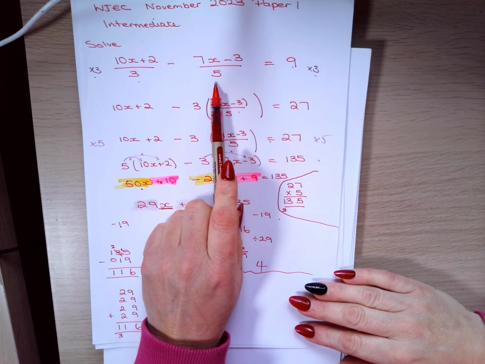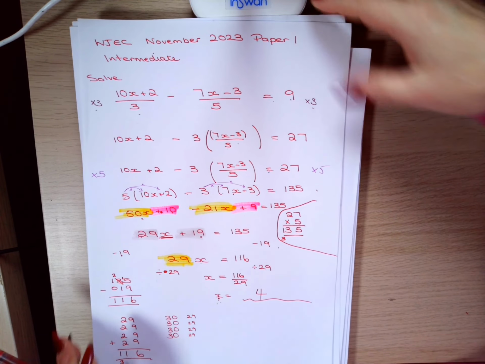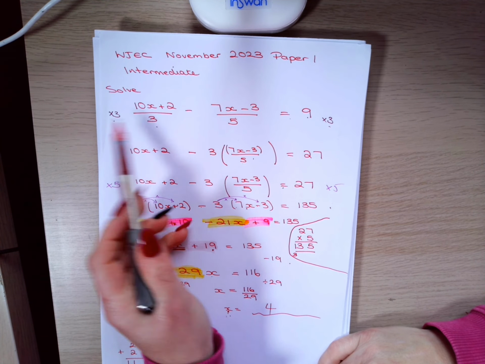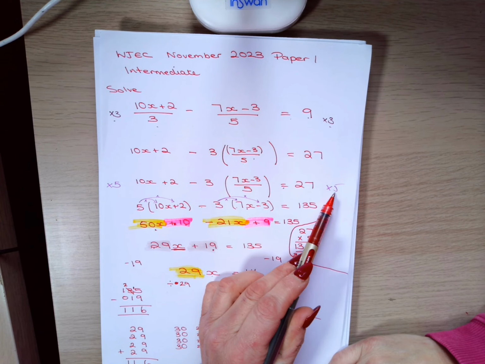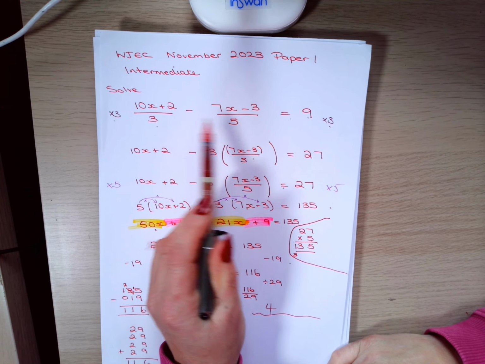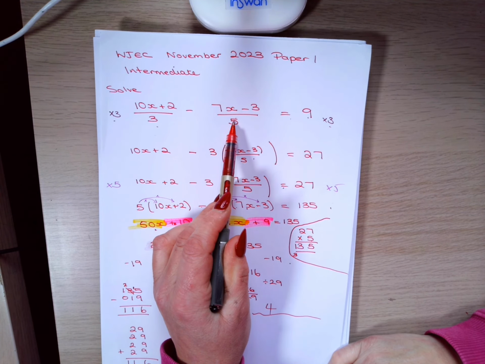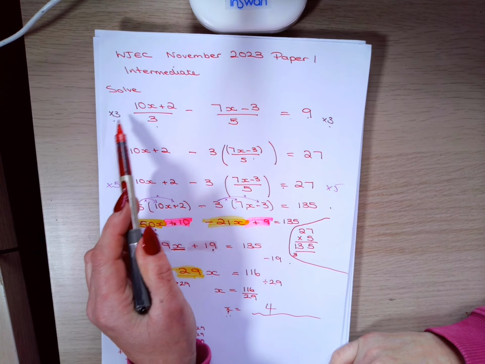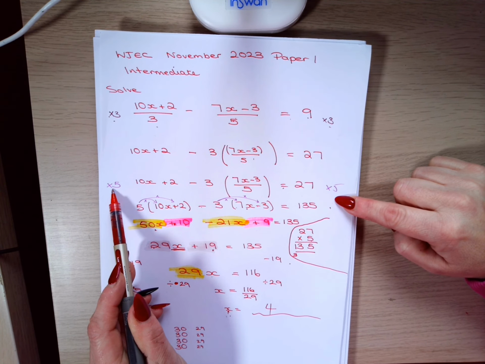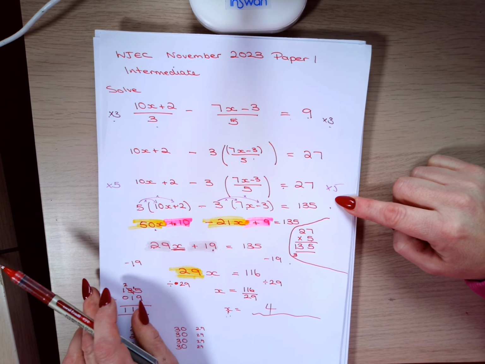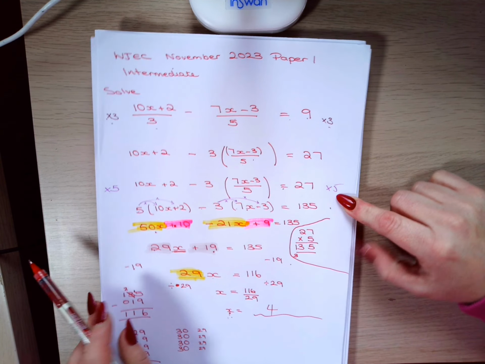What I'm going to do now is, in the same video, do this question again. Rather than multiplying by 3 and then multiplying by 5, what happens if you multiply these two numbers together? You get 15. If you multiply something by 3 and then by 5, ultimately you're multiplying it by 15 in one go.